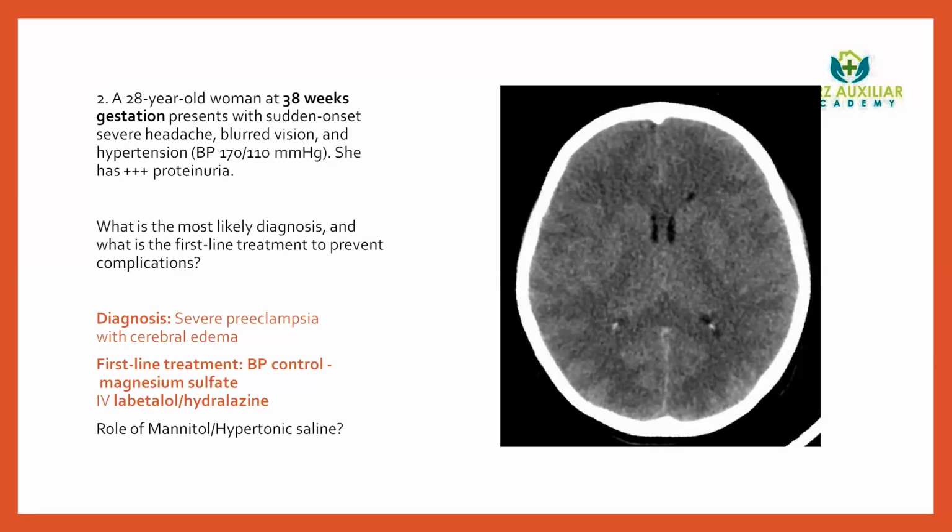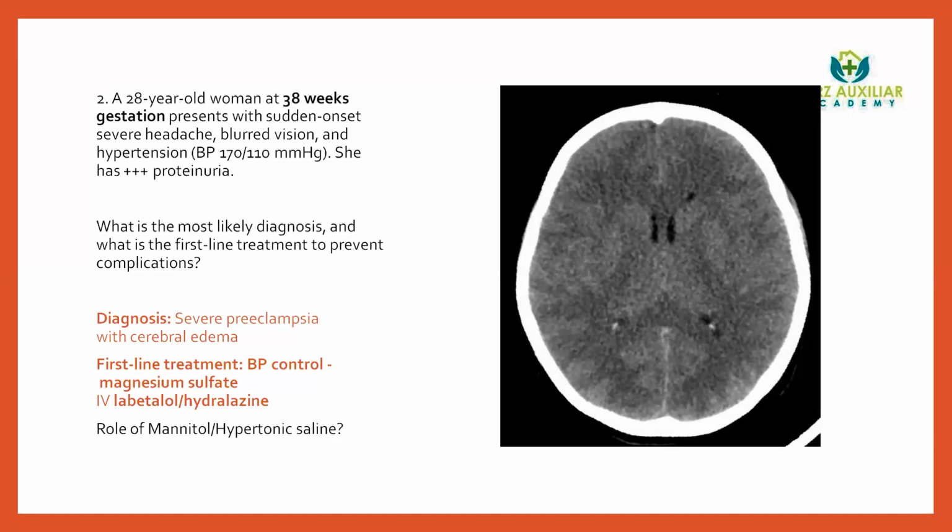Unfortunately, they don't give you all the cuts in the CT images. Whatever exam questions they gave me, they just put a single cut, and we had to make a diagnosis. Sometimes it's not clear, unfortunately, but this is how the exam is. So we need to be prepared for answering with a single cut as well. And as we discussed, lateral ventricle compression, effacement of sulci and gyri, and loss of gray-white matter differentiation.